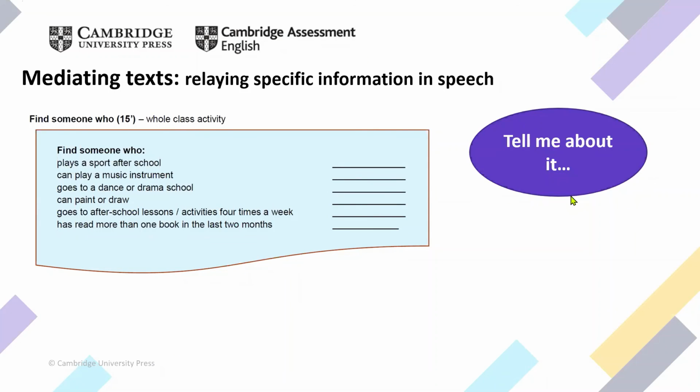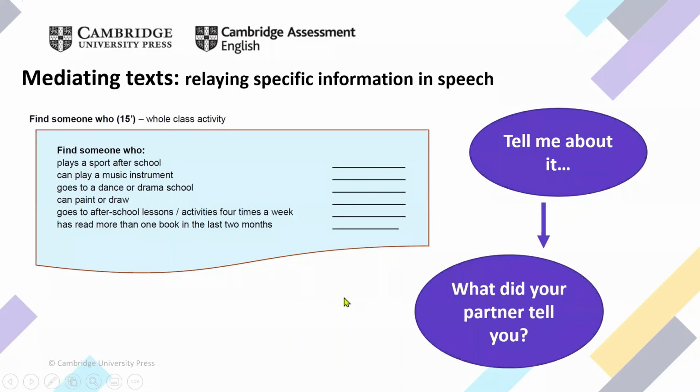So maybe two sentences, at least two sentences, so there is a bit of adaptation for students with different levels of ability. And then we ask students to share it with the rest of the class.